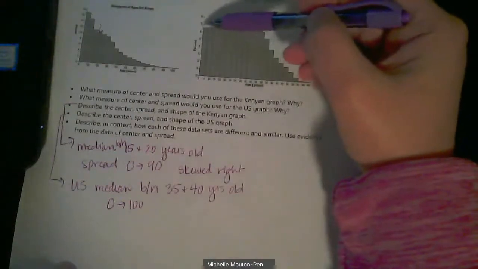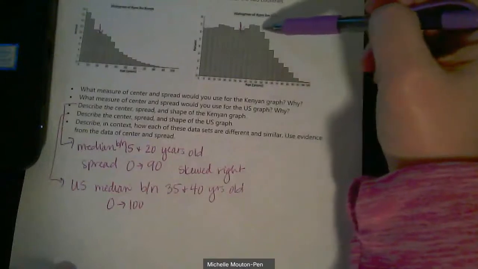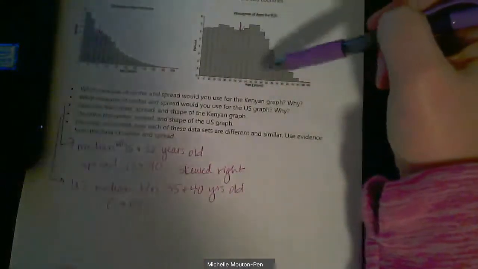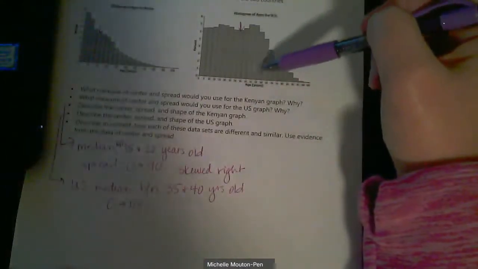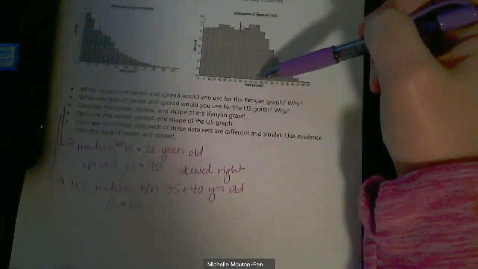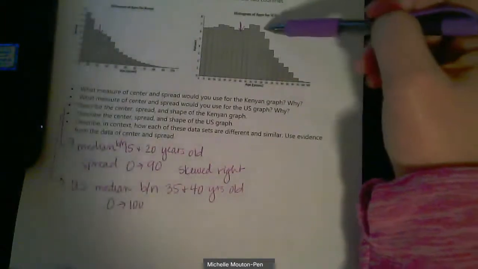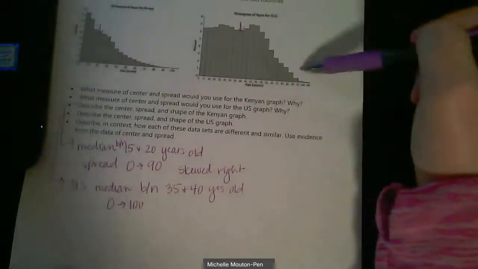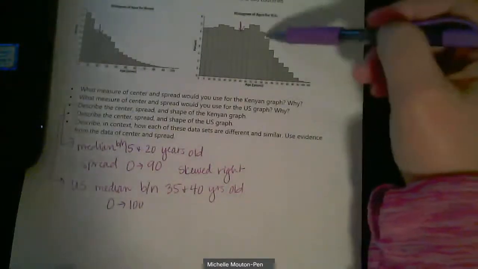And then the shape: it almost looks like a uniform distribution up until about 55. After 55, it really starts tailing off, so it becomes again skewed to the right.